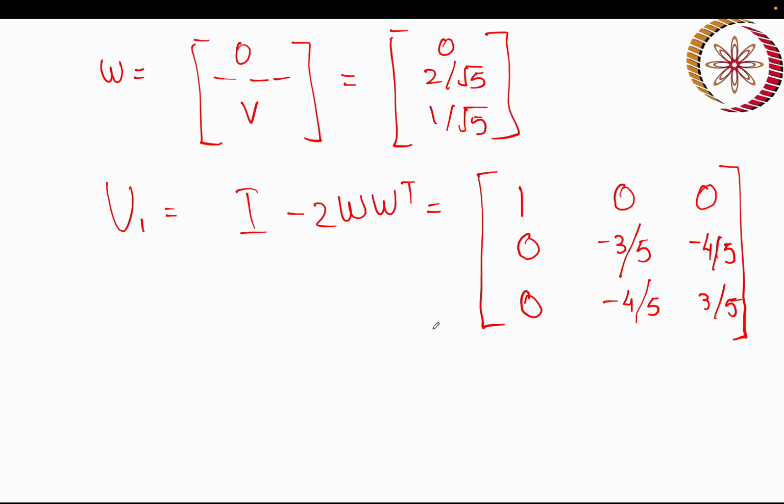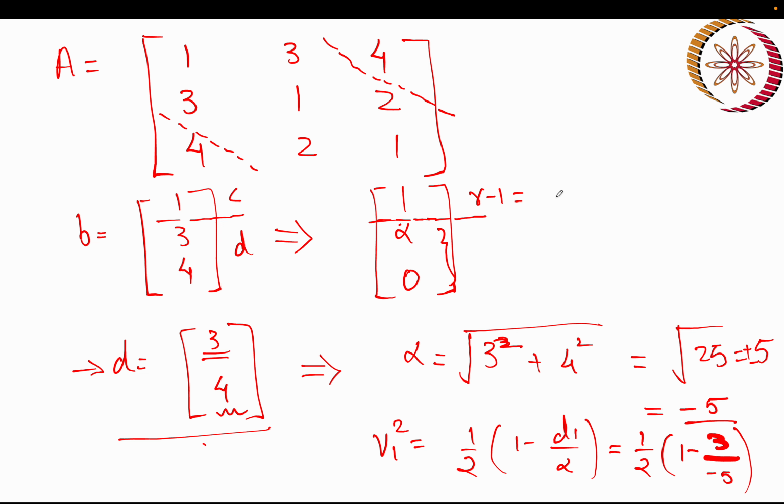So this is the matrix we have, and you can see that this is the part that is equivalent to the identity matrix, because we don't want to change this one in this matrix, or this one we don't want to change.